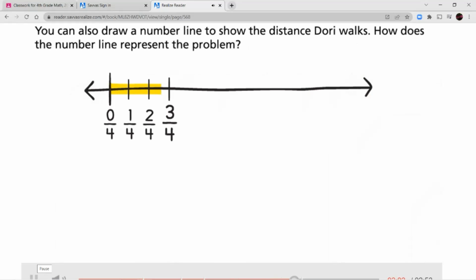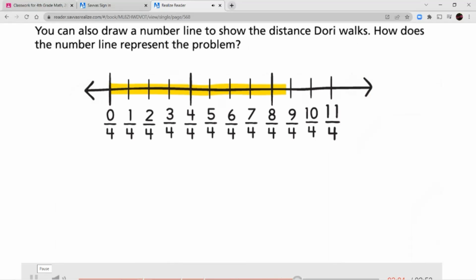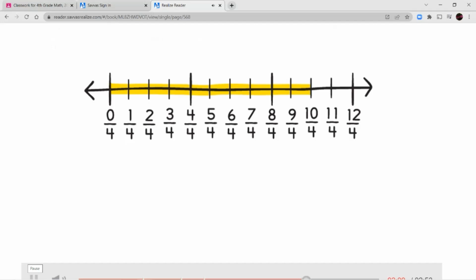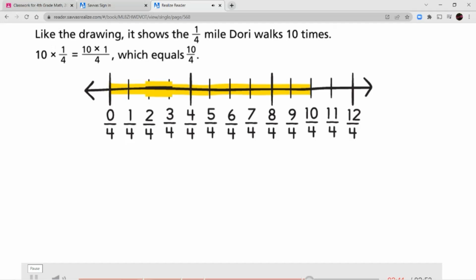You can also draw a number line to show the distance Dory walks. How does the number line represent the problem? Like the drawing, it shows the 1/4 mile Dory walks 10 times. 10 times 1/4 equals the quantity, 10 times 1 divided by 4, which equals 10/4.